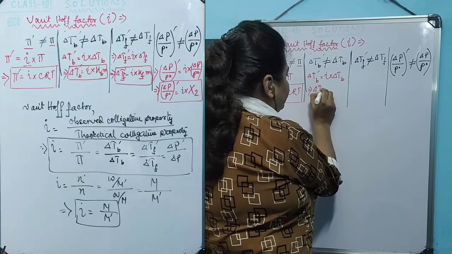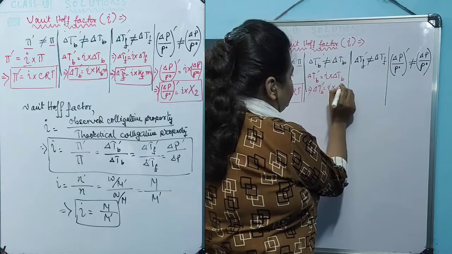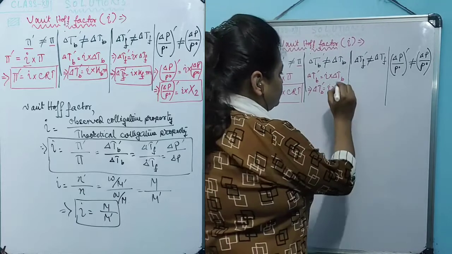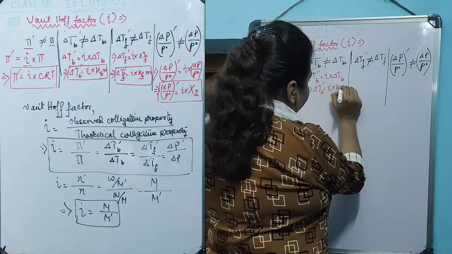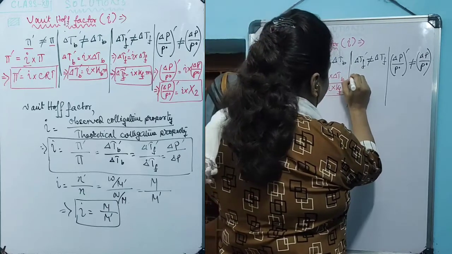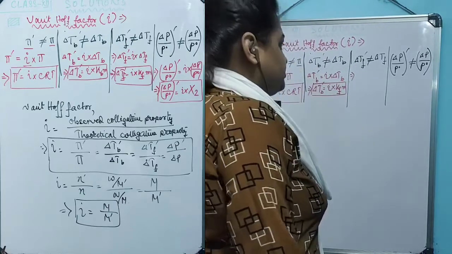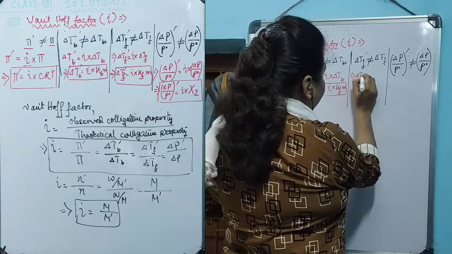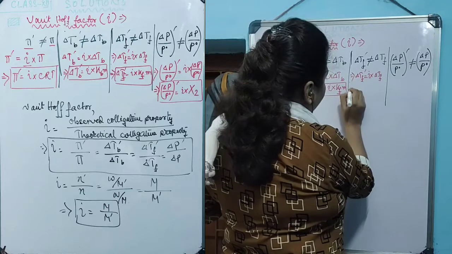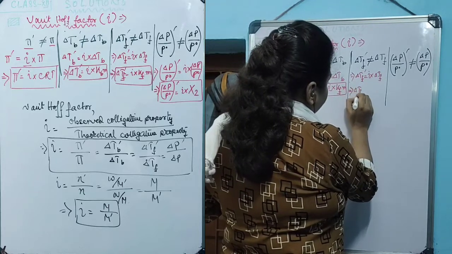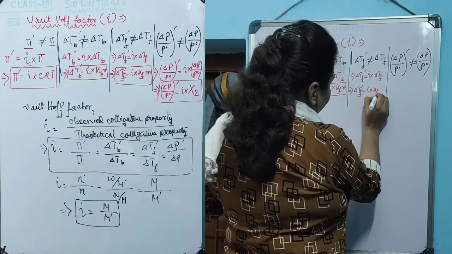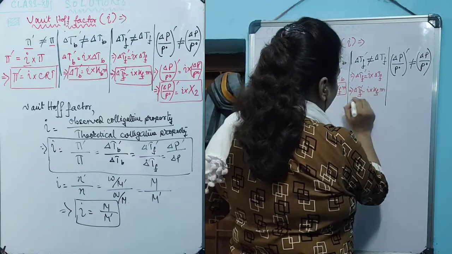Therefore, delta TB prime equals i multiplied by delta TB, which is represented by KB into m. Similarly, for depression in freezing point, delta TF prime equals i multiplied by delta TF, or delta TF prime equals i multiplied by KF into molality.